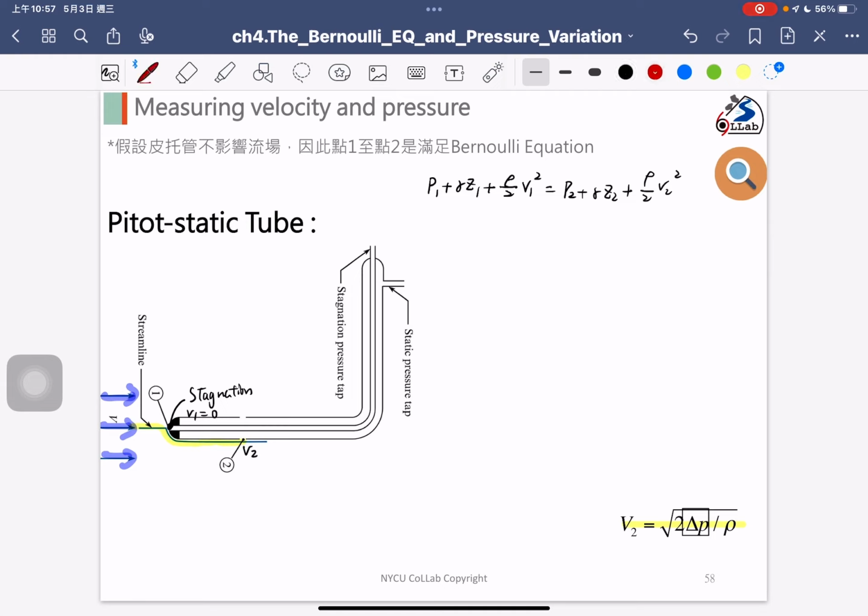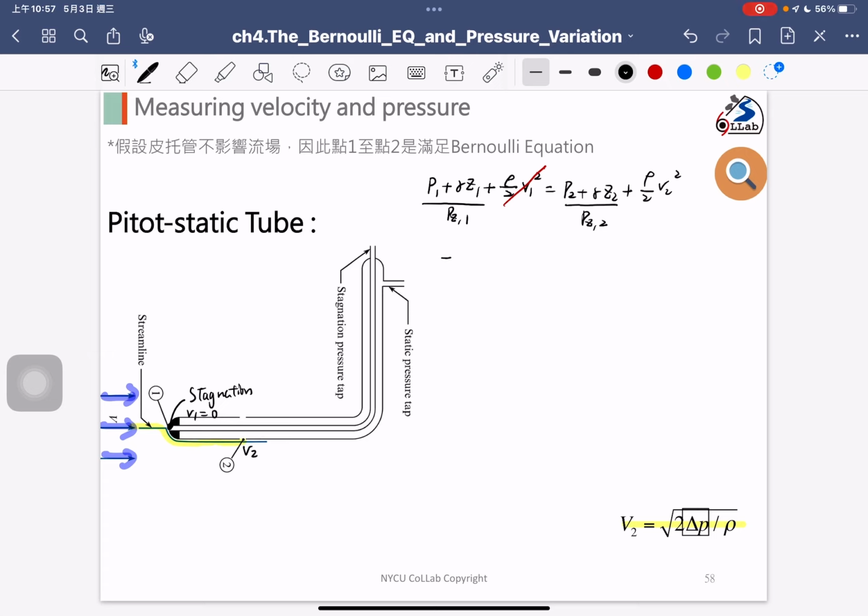Okay, and one thing we know is that we can neglect V1 because it is the stagnation point, so we don't have V1 velocity. That means we can rewrite the equation, where I use piezometric pressure 1 and piezometric pressure 2.